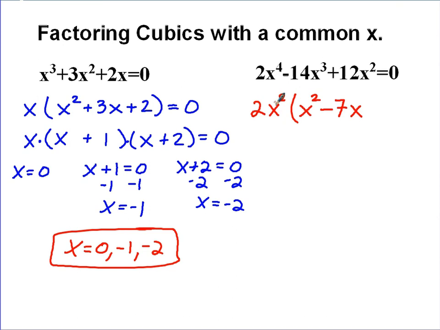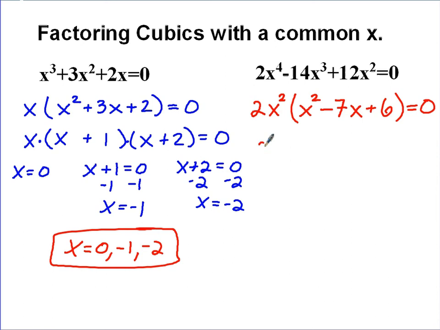Okay, now I have to figure out what 2x squared times would multiply to get me 12x squared. 2 times 6 will get me the 12, and there's no x's that need to be put down because x squared is already here, so we're going to be good with that.